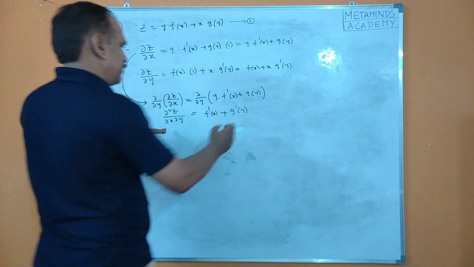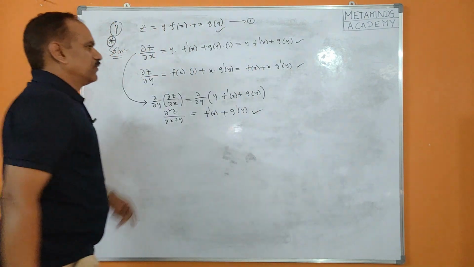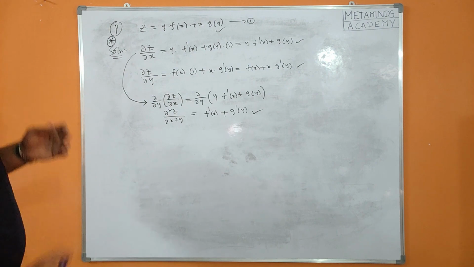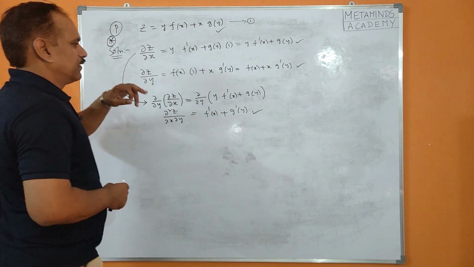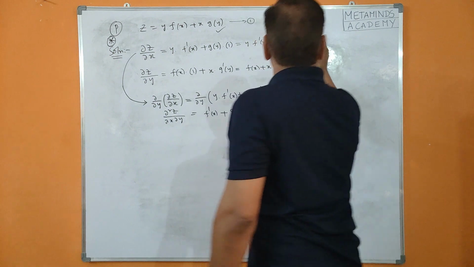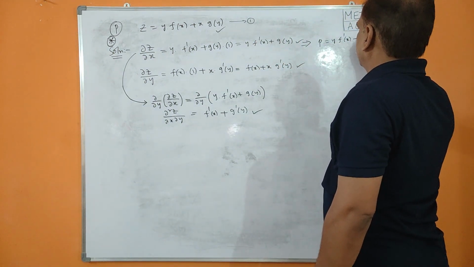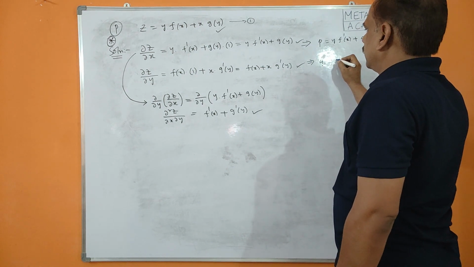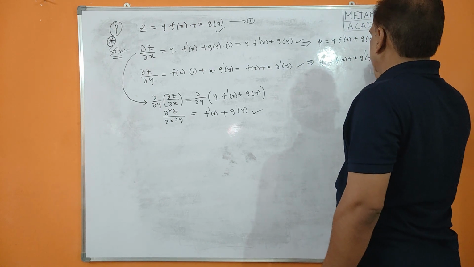So we have to use this equation, this and this to eliminate f and g. So how to eliminate f and g, right? From this equation, what is the first equation? The first equation is p equal to y into f dash x plus g of y. This equation is q equal to f of x plus x into g dash y.